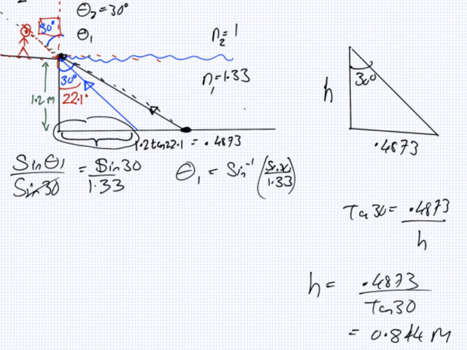The two things go together to create the illusion that the pool is not as deep. This is the only way the brain can understand the picture. So the brain thinks this is a 30, but it also knows that this distance here is 0.4873 because it can see this distance. So instead, if there was a little fish here, the fish would look like it's here.